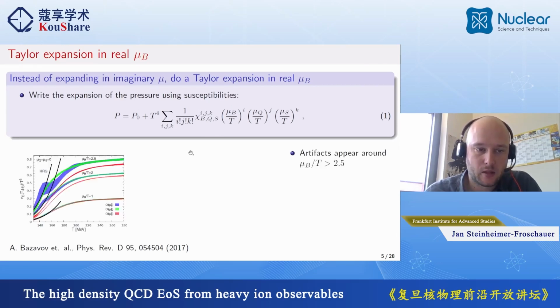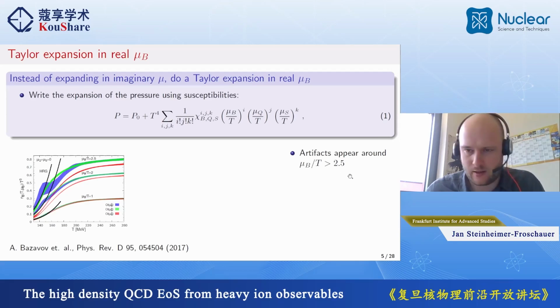And again, if you don't use this method with the cluster expansion, but just try to measure this by brute force on the lattice independently, what you also find is that numerical artifacts appear around, again, a similar mu_B over T of 2.5.